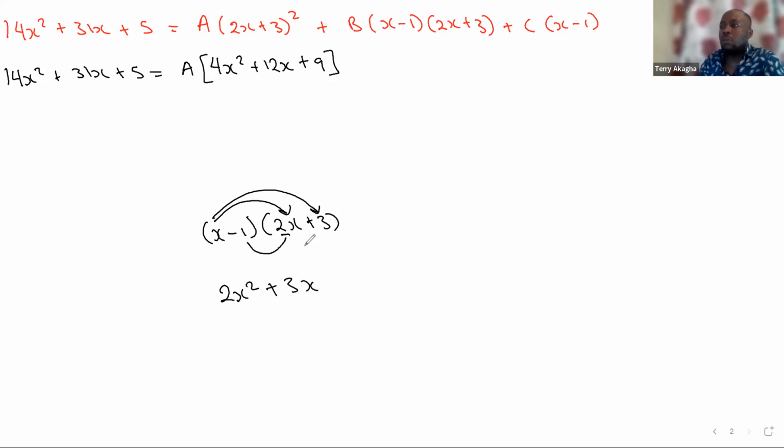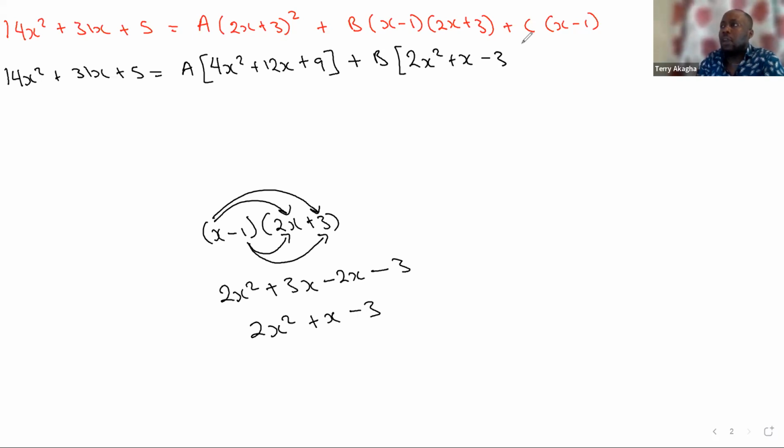Then minus 1 times 2x will give you minus 2x. Minus 1 times 3 is going to give you minus 3. So it's 2x squared, and 3x minus 2x gives x, minus 3. So it's going to give you plus b into bracket 2x squared plus x minus 3, and plus c into bracket x minus 1. Good.